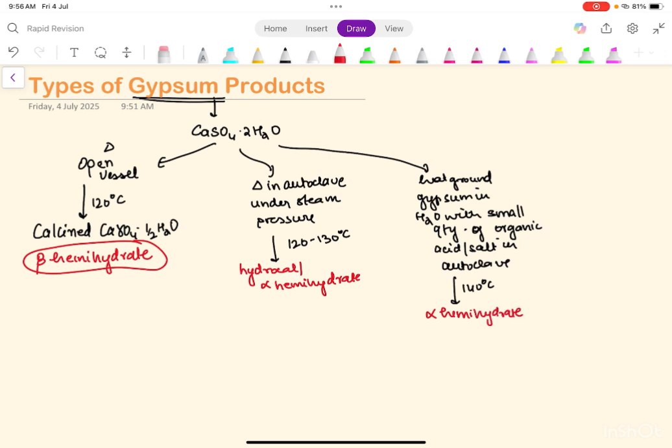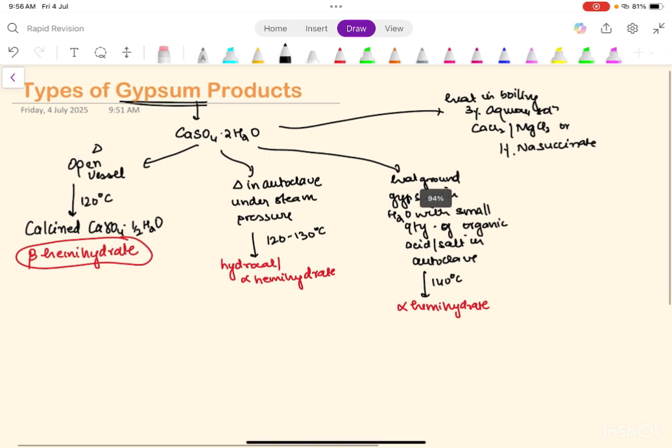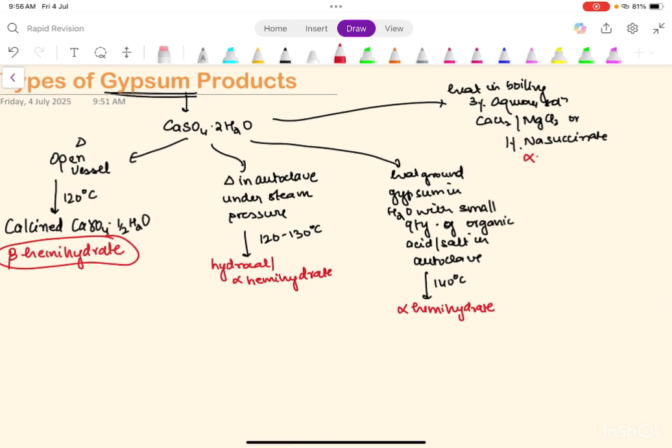Now if I heat it in a boiling 3% aqueous solution of calcium chloride or magnesium chloride, or 1% sodium succinate, I will get alpha modified hemihydrate, which is also called densite.